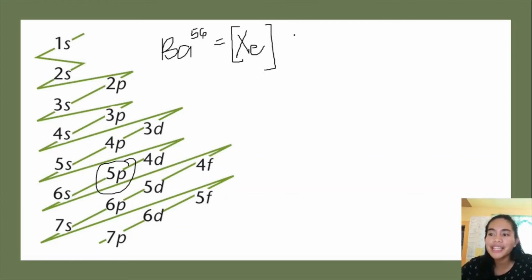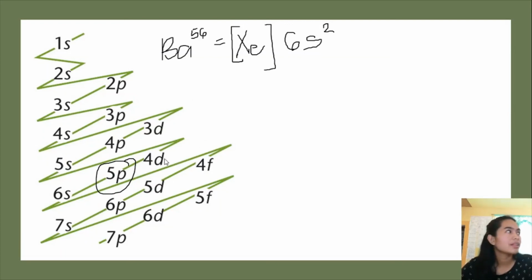Well, we have 6s. Then therefore barium, xenon is 54. So 55, 56. And therefore we're going to put xenon 6s2. Alright, very good. Next.